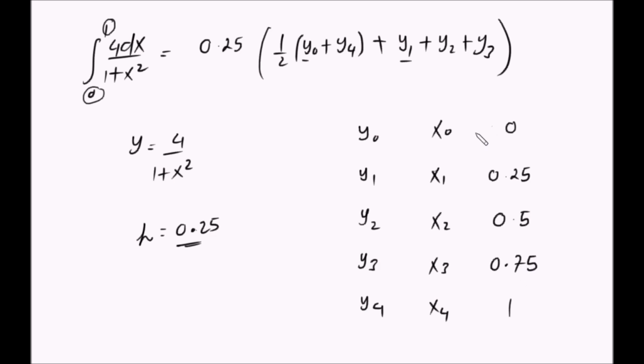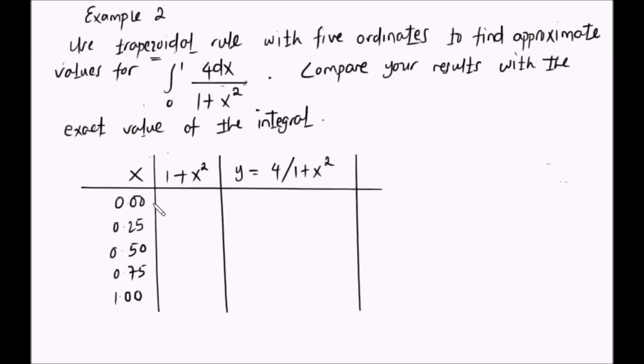So this now is my x0, my x1, my x2, my x3, and my x4. By the way, unaweza kuona ndo nilichokiweka kwenye hii table. Ukirudi kwenye swali, you see, x0 0.0, x1 0.25, x2 0.5, x3 0.75 na x4 1.